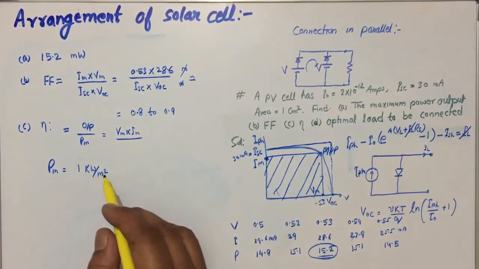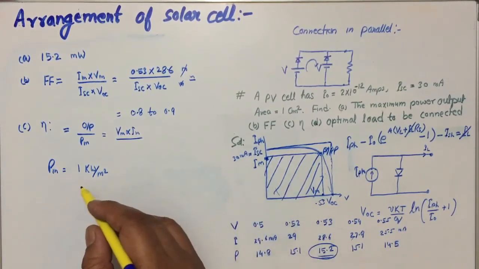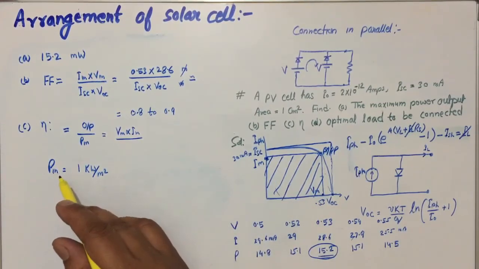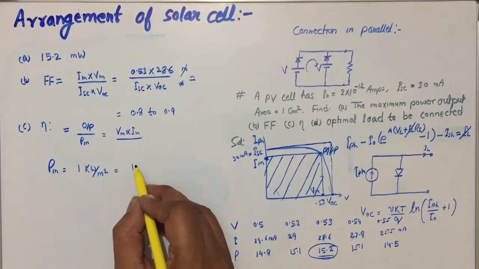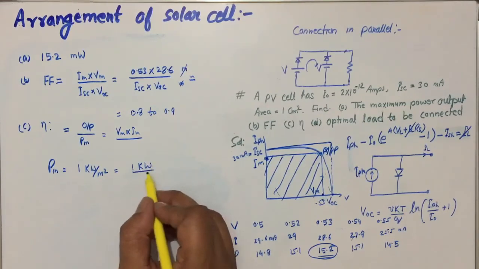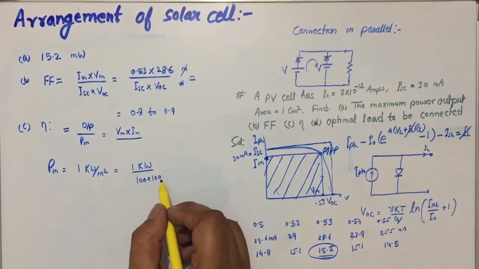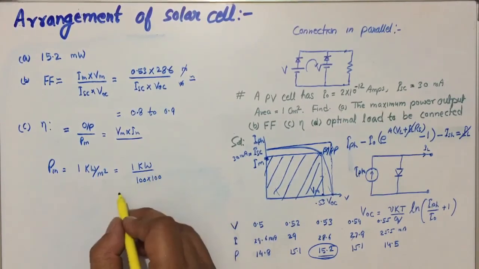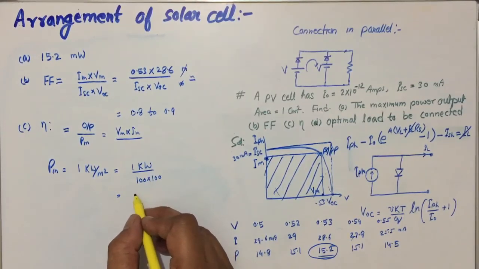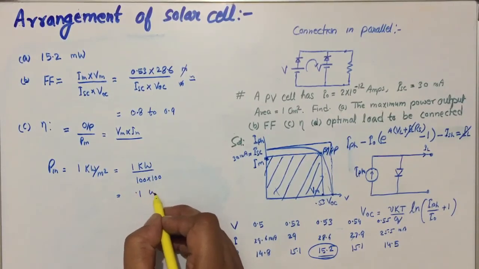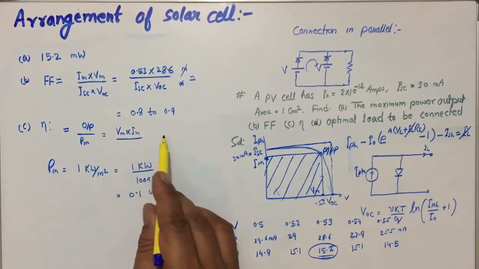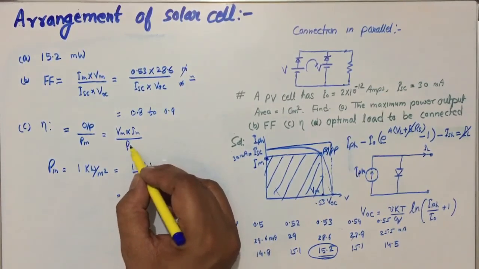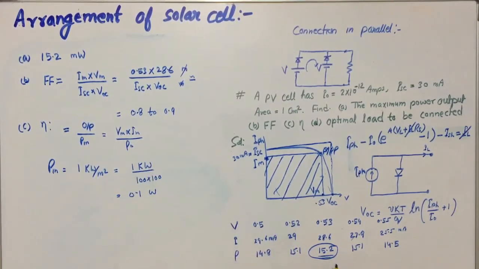So the area that we have is 1 centimeter square. Correspondingly we can get the power for that. So it will be 1 kilowatt by 100 into 100. From here we can get 0.1 watt, and from IM and VM we have 15.2 milliwatt.